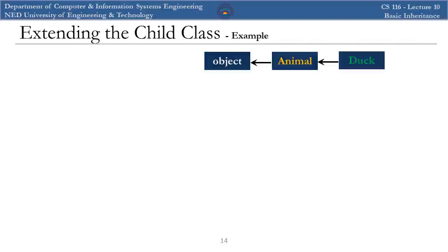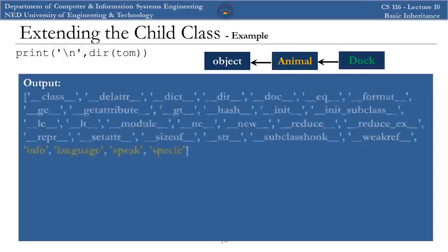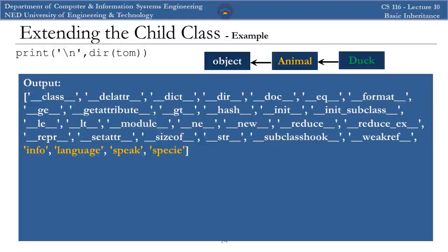So if I run this function dir on Tom, I hope you remember that this Tom is of animal type. So let's see what it displays. Okay, this is the list of methods and attributes that will be displayed. Now, out of this whole list, we know that all these dunder methods are there because of that class object, because animal is inheriting from object.